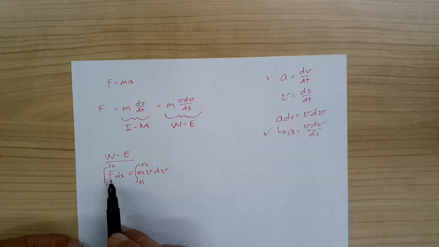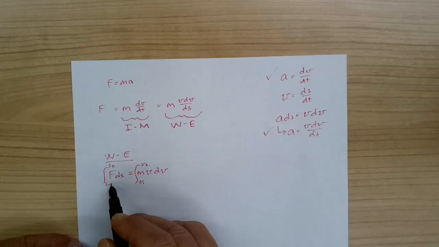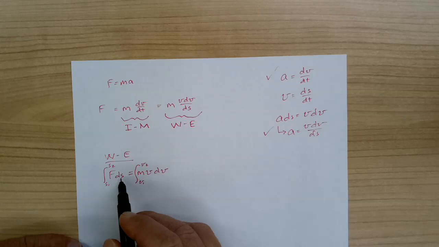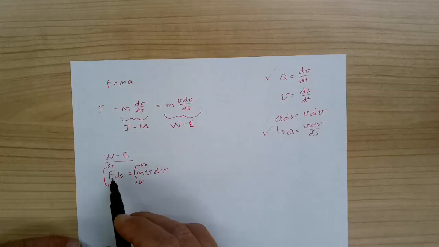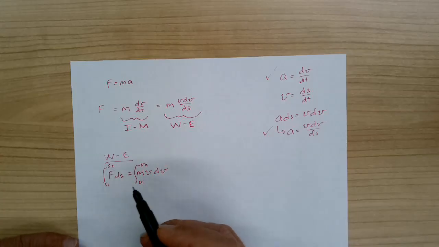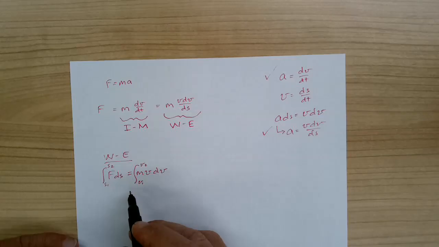If the force is constant and S1 is equal to 0, you could integrate that just as F times S, or it's F times delta S if S1 is not equal to 0, so delta S would be S2 minus S1. But I like to leave it in that form until I'm ready to apply it to a problem. So I'm just going to integrate the right-hand side.